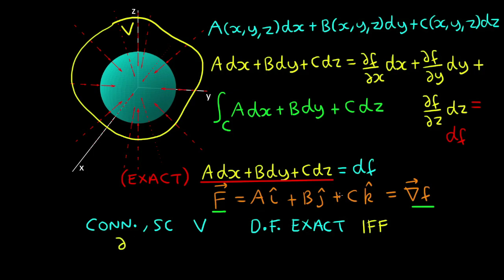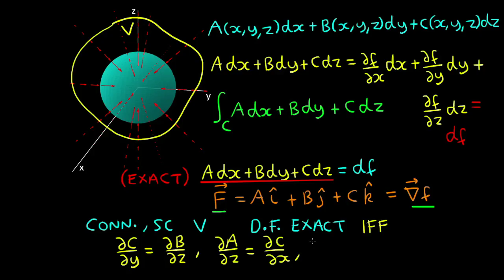So again, the partial of the component c with respect to y is equal to the partial of b with respect to z, and the partial of a with respect to z is equal to the partial of c with respect to x, and the partial of b with respect to x is equal to the partial of a with respect to y. So this component test for exactness is equivalent to testing if this vector field is conservative.